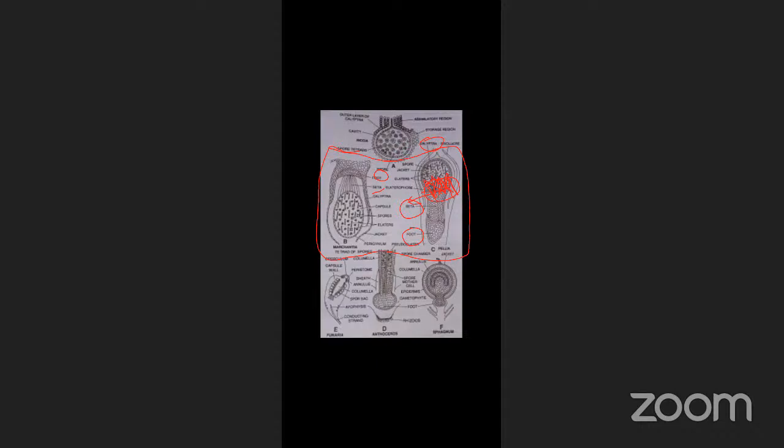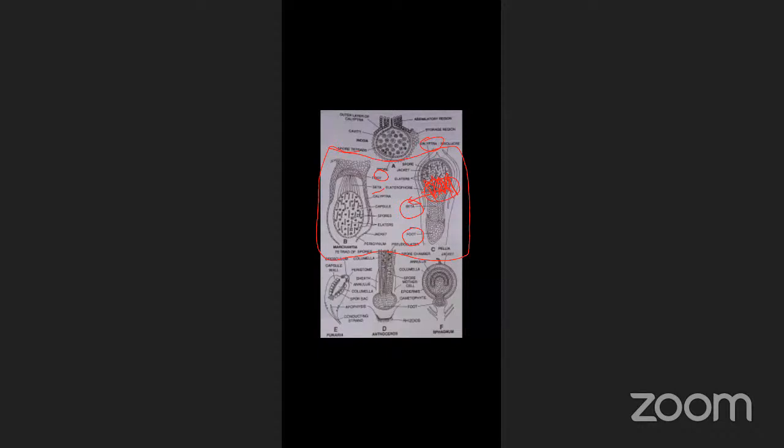Spores are present inside the jacket, and it is protected with involucre. There is no involucre in Marchantia.